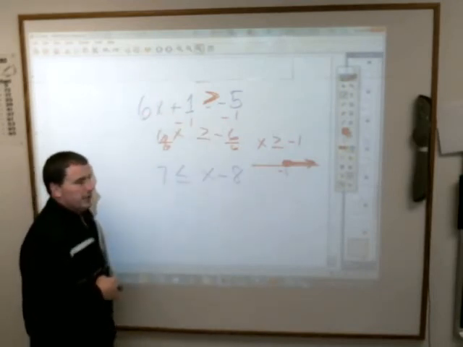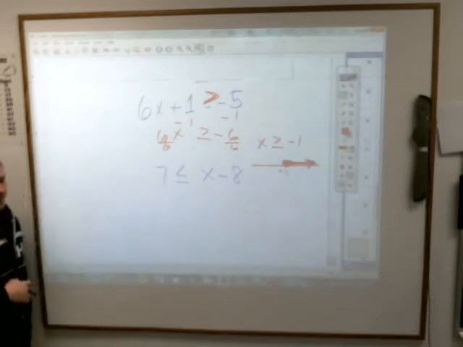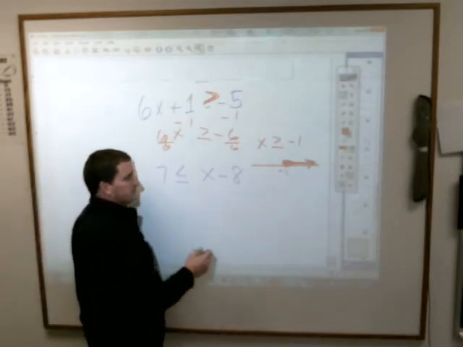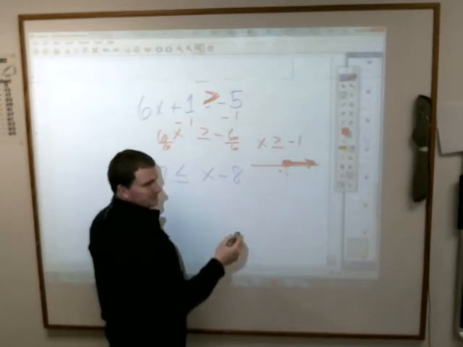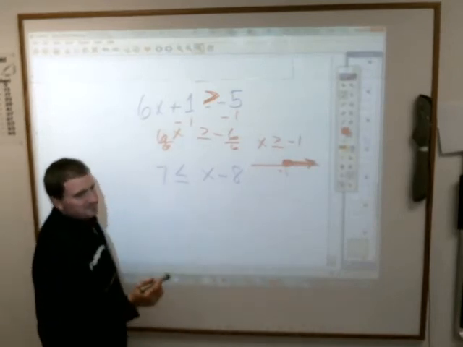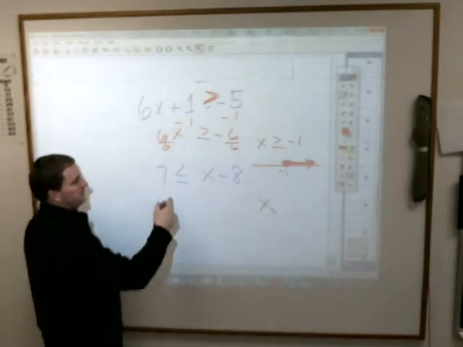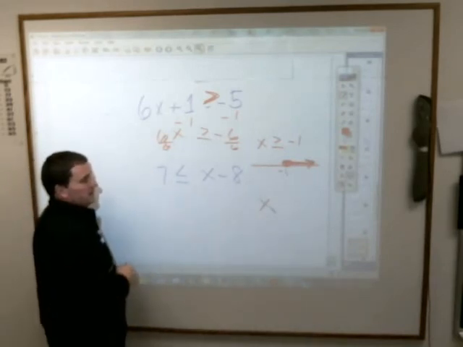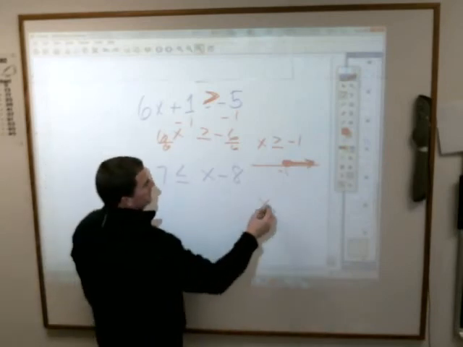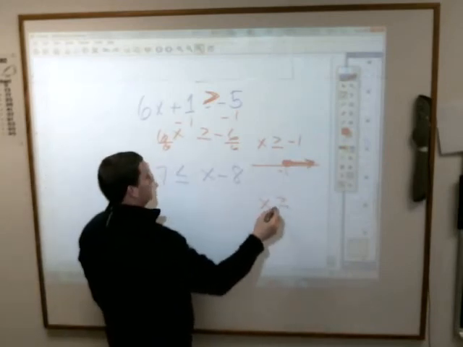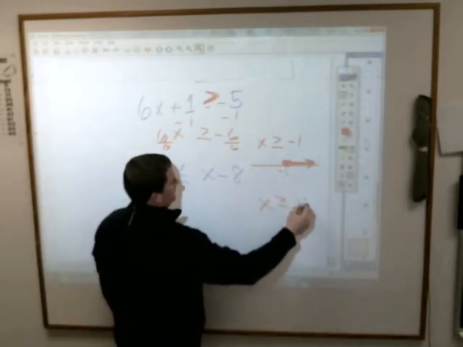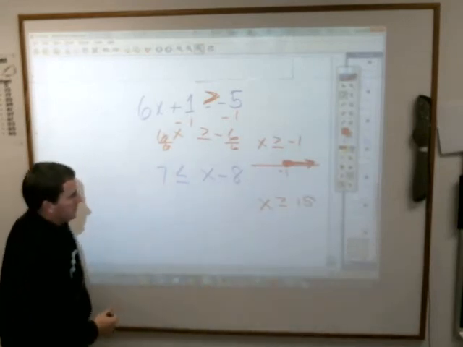And then this bottom one, what do we get for an answer for that? Caroline? Ava? X is greater than or equal to 15? Let me try this here. So what did you do?